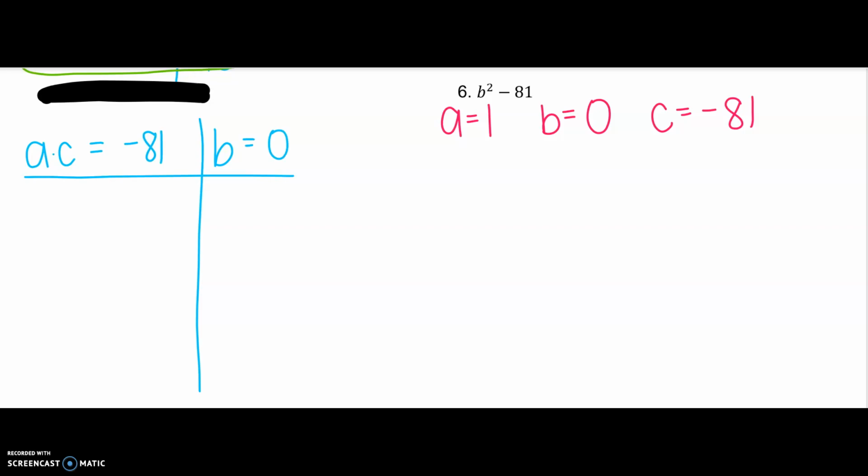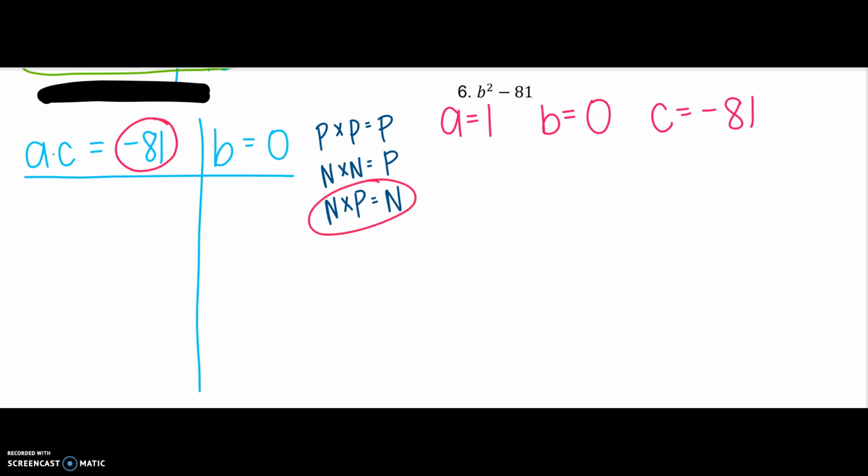So earlier when we were talking about factor pairs and multiplying them, we said that a positive times a positive is a positive, a negative times a negative is a positive, and a negative times a positive is a negative. We see that 81 is negative, and the only way that we could get there is to have a negative times a positive. So let's list out our factor pairs.